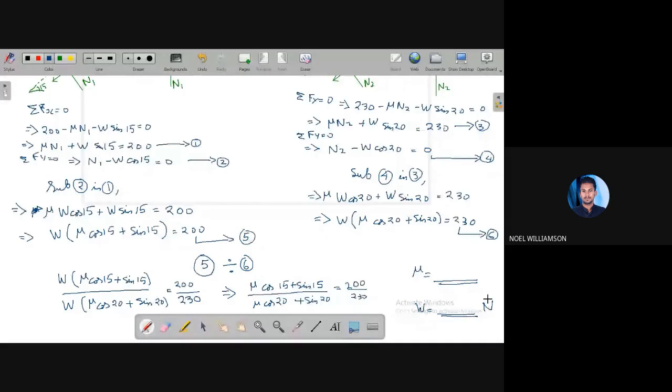Okay, so what is the value for mu? Please put it in the chat box.